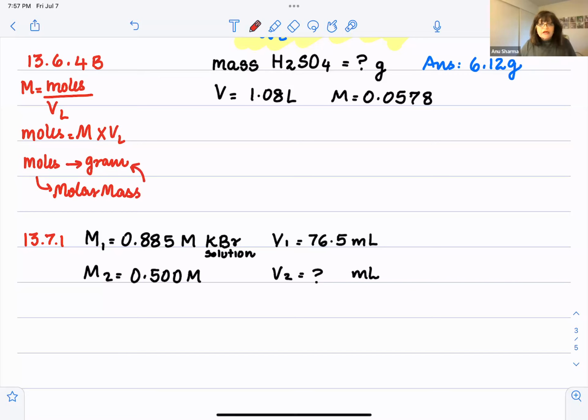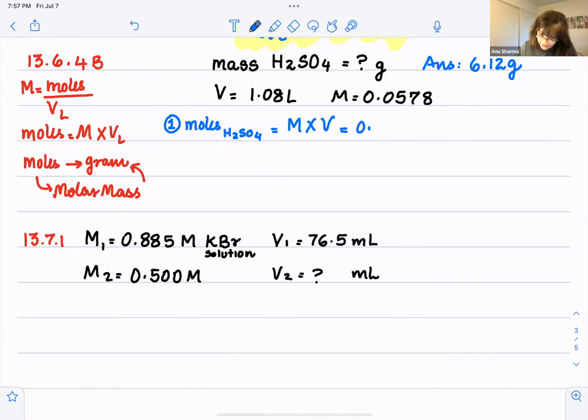The question is asking how many grams, and we are looking at sulfuric acid. So first step, find the number of moles. Moles of H2SO4 is equal to molarity of H2SO4 times the volume.